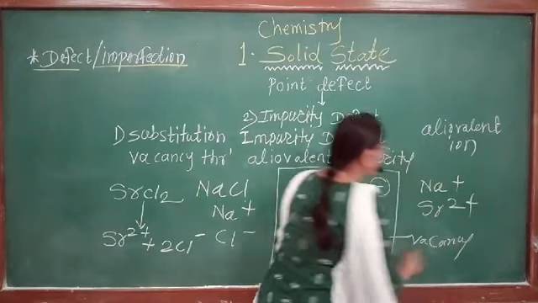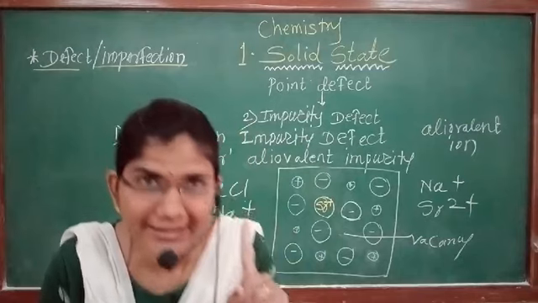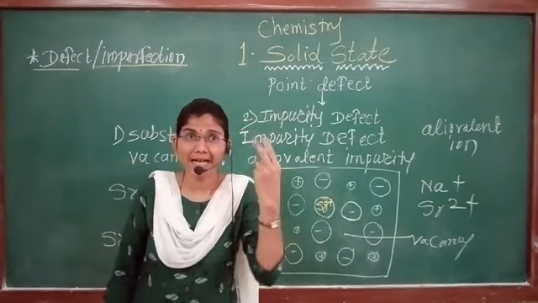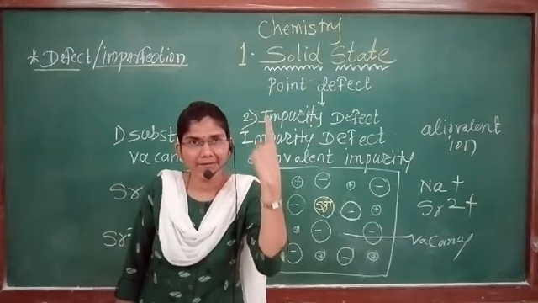Why does it create a vacancy? Because for one Sr we remove 2 Na plus, since Sr has a 2 plus charge and Na has a 1 plus charge.